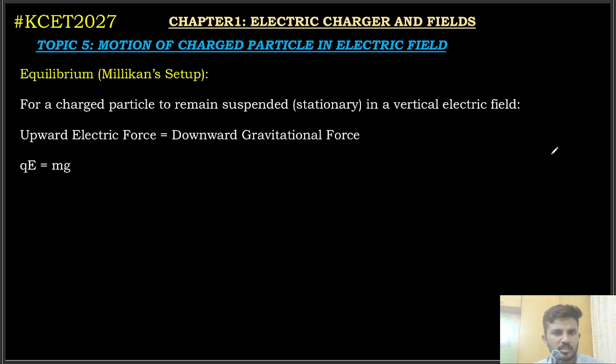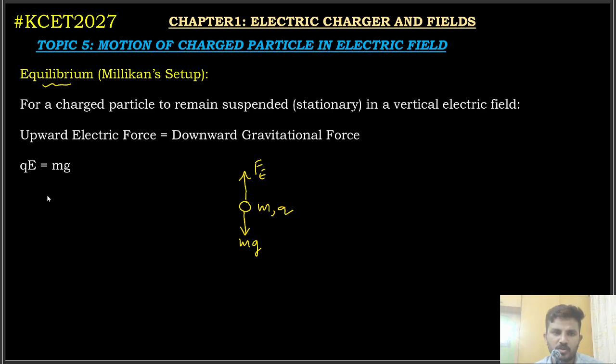Before that, there is one more concept here. Millikan setup, equilibrium case. Let's consider a charged particle of mass m and charge q suspended in space or air. Gravity is there, so it experiences a force mg, but charge is given. So if I apply some electric field in the upward direction, it experiences an electric force.